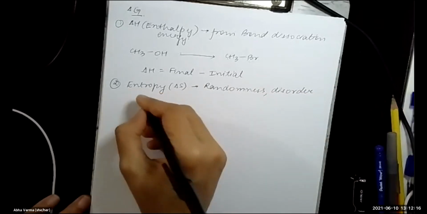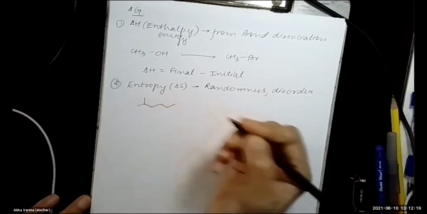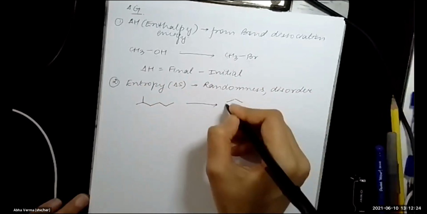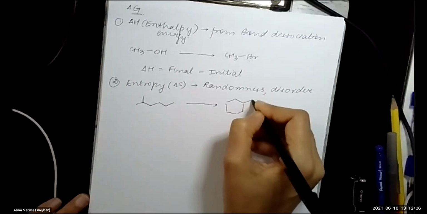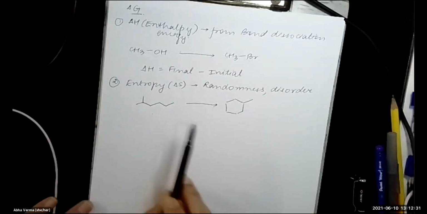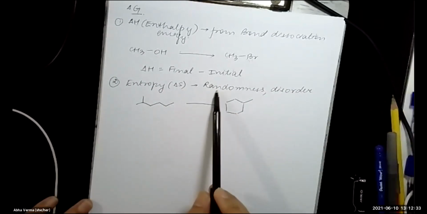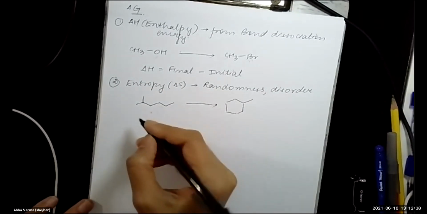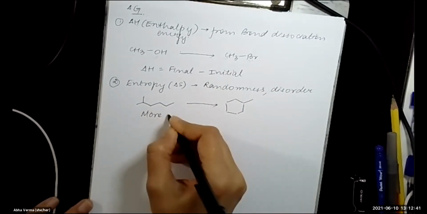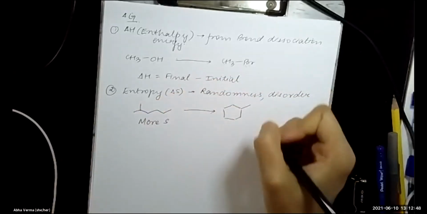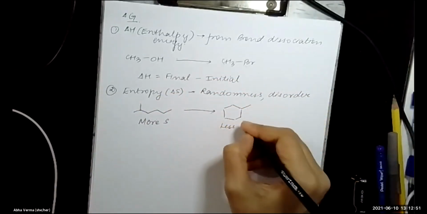So if we have a linear structure, and then somehow it becomes a ring kind of structure, which side will have more S? Which side will have more randomness or disorder? This part with the linear chain will have more entropy, or more S. This one where you have actually confined your linear structure will have less S.